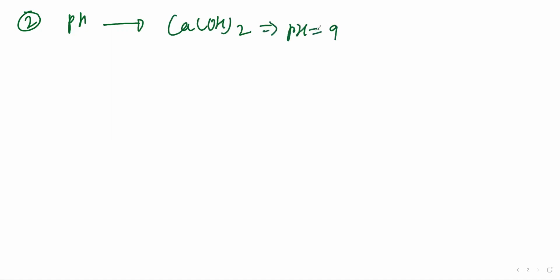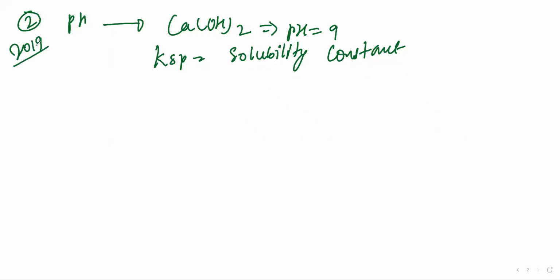You have to find the solubility constant of this reaction, asked in 2019. See how it is related with pH. When calcium hydroxide dissociates, it produces Ca2 plus and 2 OH minus.